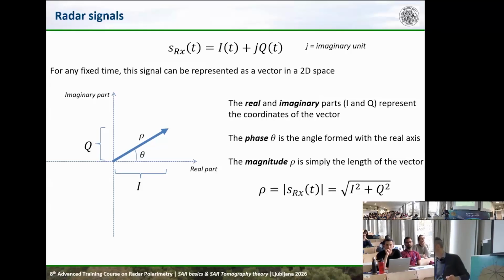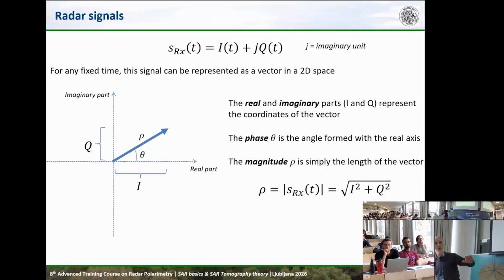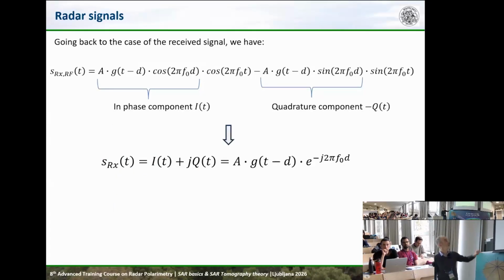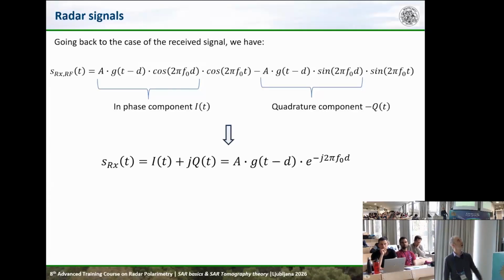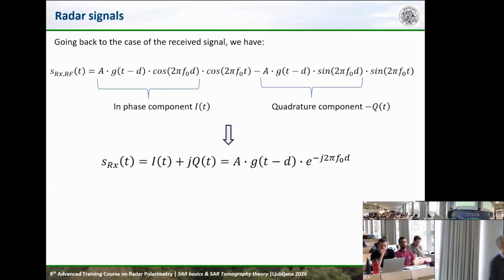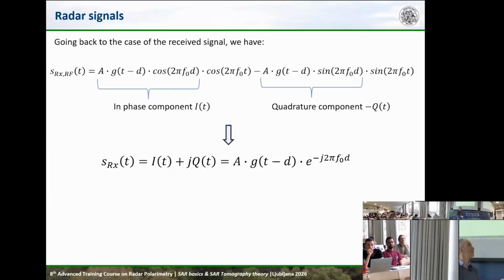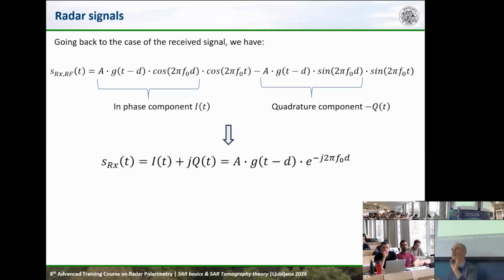Now I think that, okay, so going back to our received signal, this is what we get. So this I plus jQ can be written as A, so the strength of the wave, times the delayed pulse, times we have a trace, so we have a residual of the carrier frequencies that we use here.